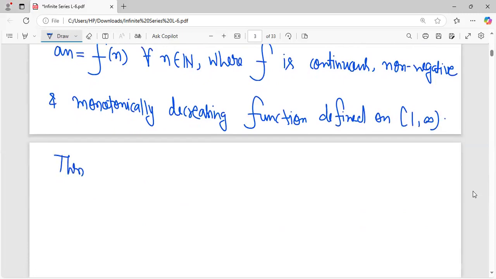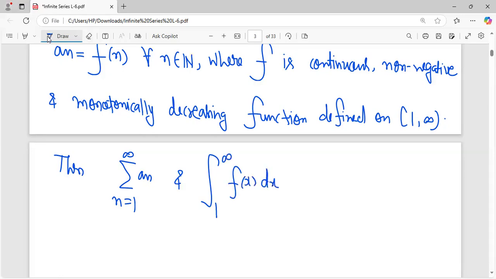Then the summation of a_n, n goes from 1 to infinity, and the integral from 1 to infinity f(x) dx both converge or diverge together.